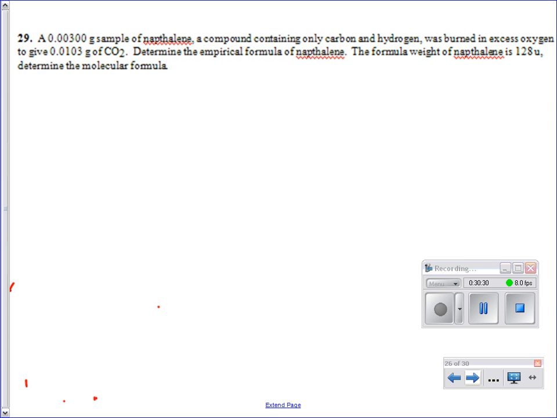So we are combusting naphthalene. Naphthalene contains only C and H. The thing is, I need the empirical formula, so I'm looking for those coefficients, correct? We're combusting it, and when we do, what products do we make when we combust organic compounds? CO2 and H2O.